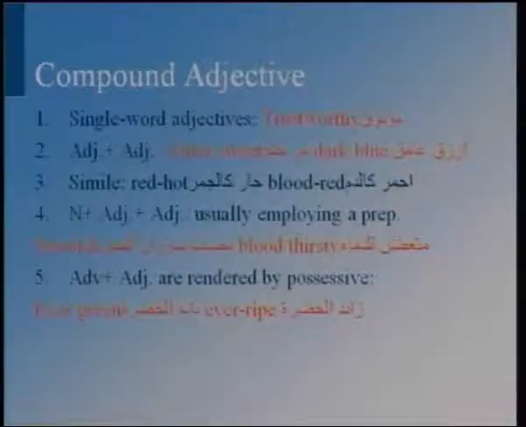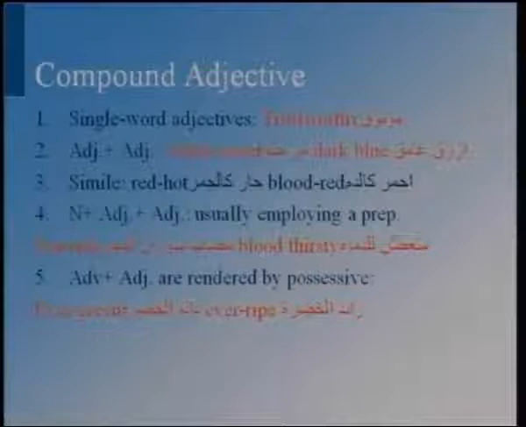We have compound adjectives, يعني two adjectives together: أزرق غامق, so two adjectives. مر حلو.